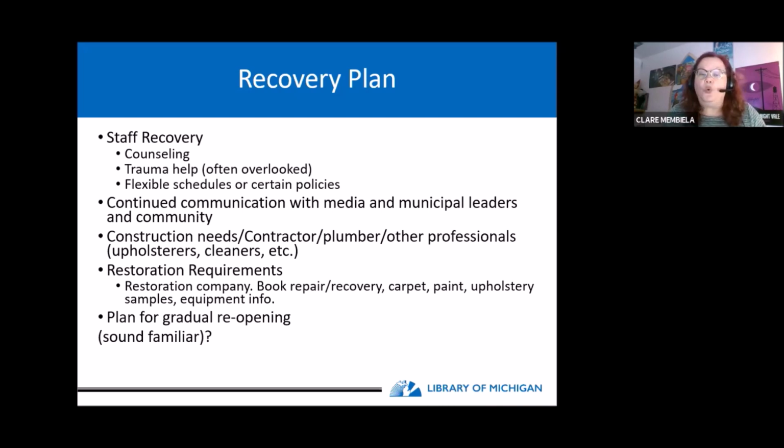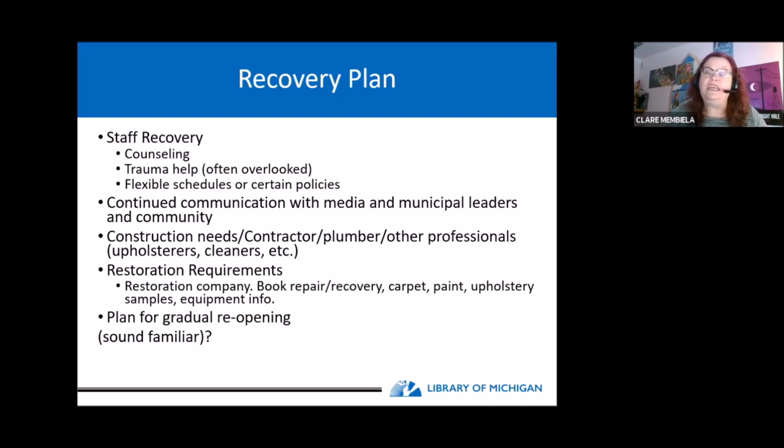You want to make sure that you anticipate, to the extent that you can in your crisis management document, what kind of construction needs you could have in your recovery plan for that particular crisis.